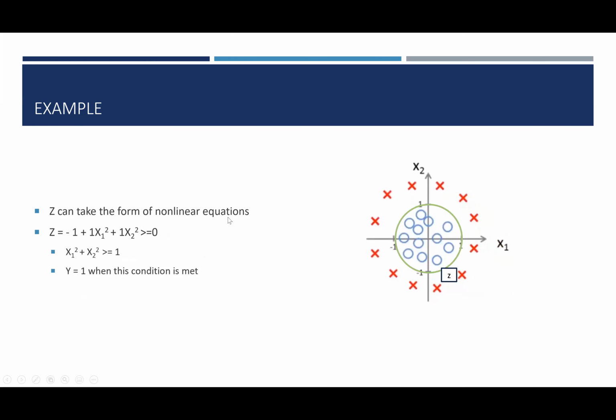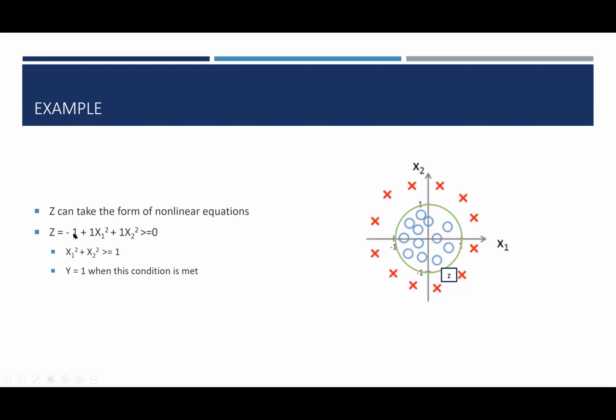And furthermore, you can separate data using nonlinear equations. So right here, you have your examples. One class falls within a circle, and a circle can be described as x1 squared plus x2 squared equal to the radius. In this case, the radius is 1.